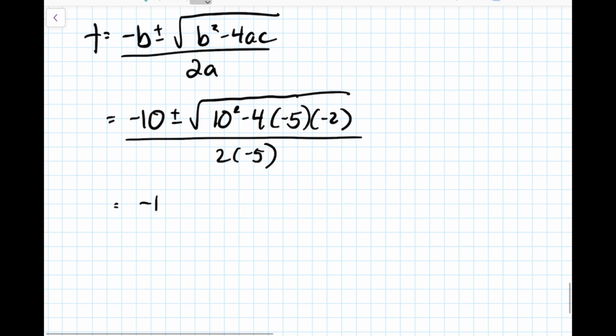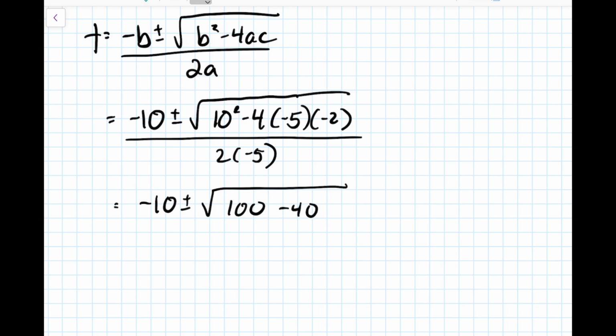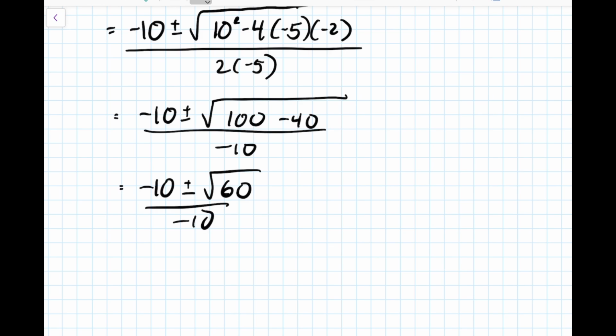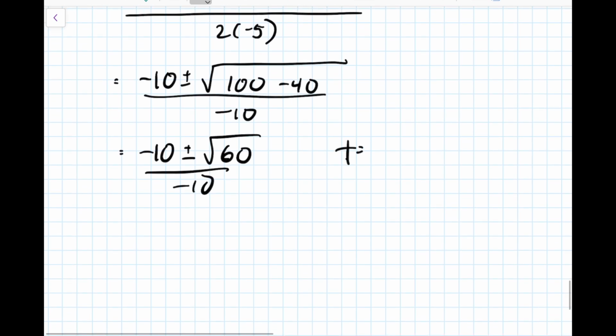We simplify a little bit, we get negative 10 plus or minus the square root of 100 minus 40 all over negative 10, which is negative 10 plus or minus the square root of 60 all over negative 10. We're not worried about exact values here, so we're just going to go straight to some solutions. So our intercepts are going to be at t equals 0.23 and t equals 1.77.